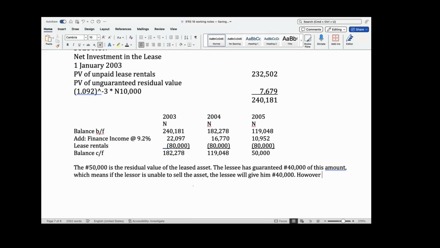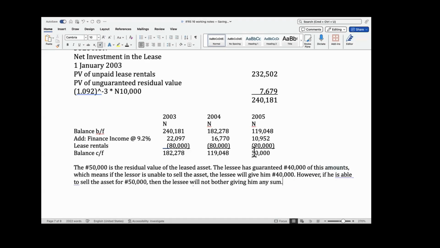However, if he is able to sell the assets for 50,000, then the lessee will not bother giving him any sum.